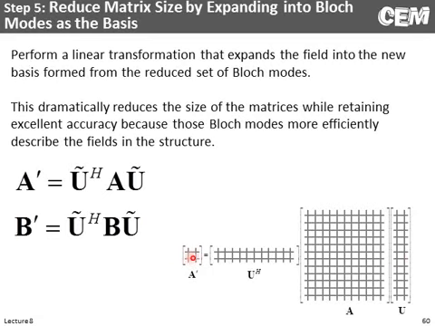And what we get is a little tiny A prime. This equation is really just drawing it in terms of the sizes of things. The same thing happens to A and B. We start with really big, ugly matrices, we transform into this basis, and now we have very, very small A and B matrices. We solve that as a greatly reduced size eigenvalue problem that's very fast to calculate.